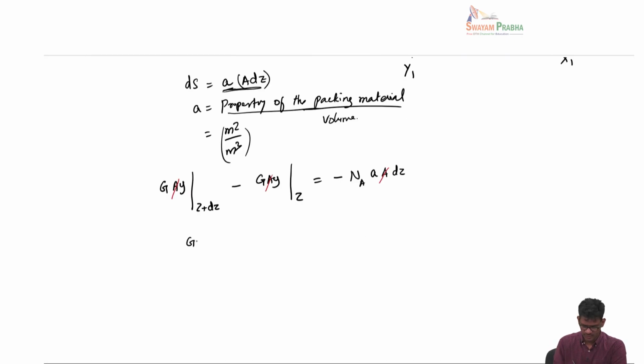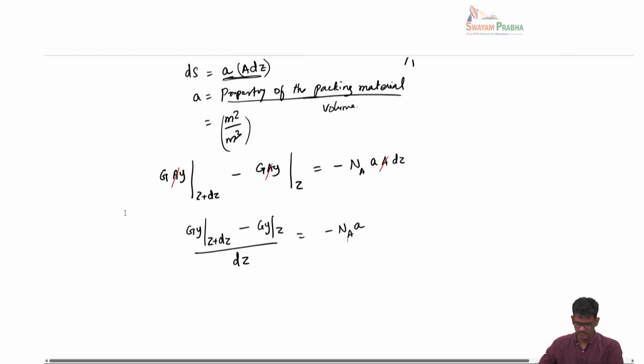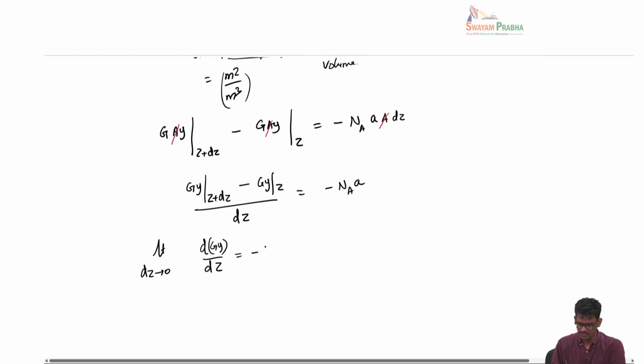So I would have G y, and I am going to bring this dz here. Now in the limit of dz going to 0, I can approximate this as the derivative of G y, and that is equal to minus Na.